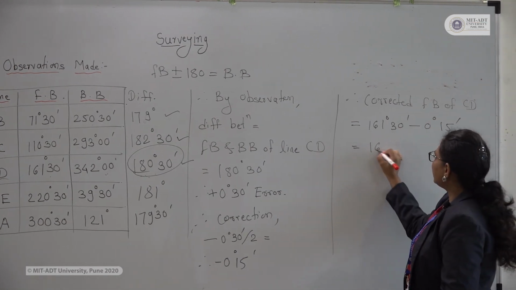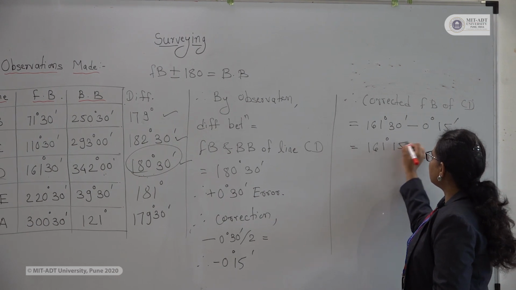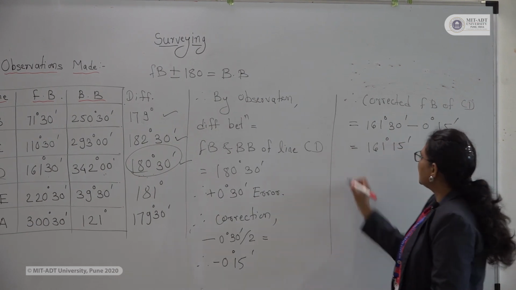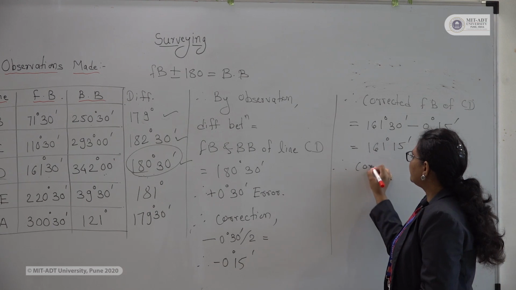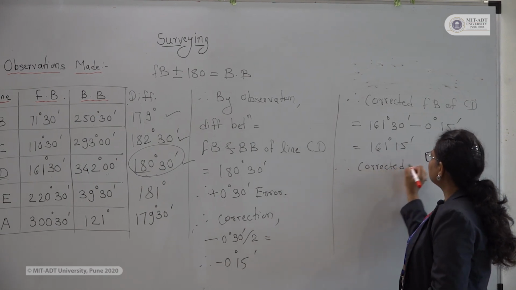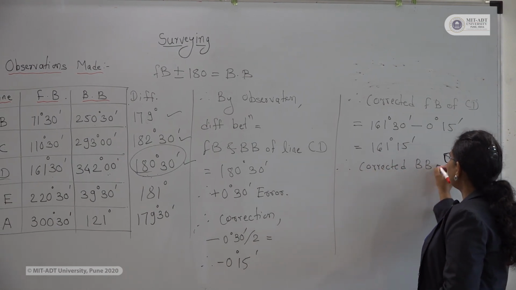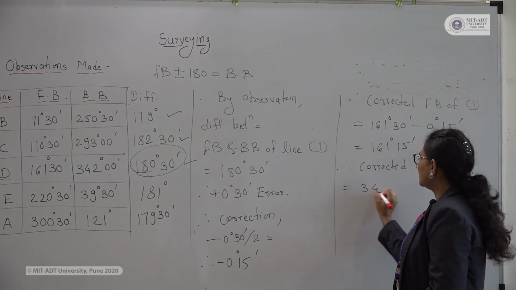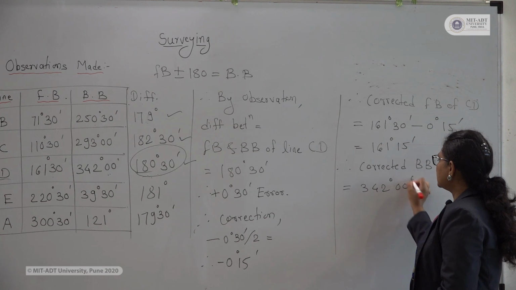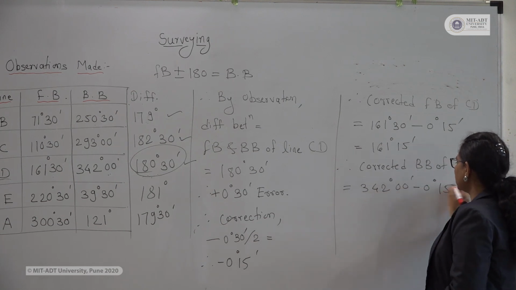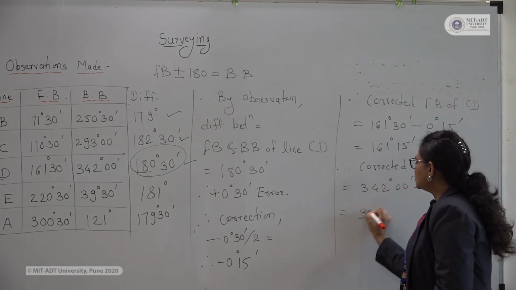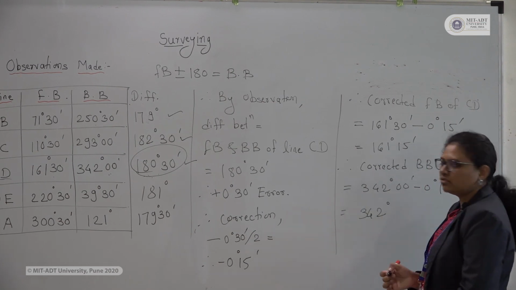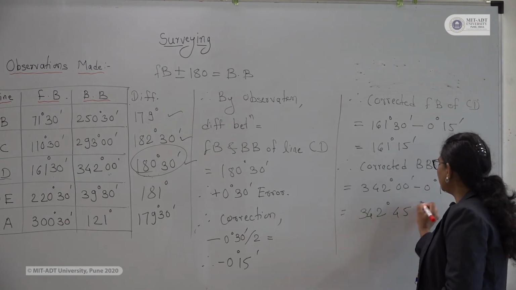Simply, you will get the value as 161 degrees 15 minutes. Similarly, the corrected back bearing of CD will be equal to 342 degrees 0 minutes minus 0 degrees 15 minutes.